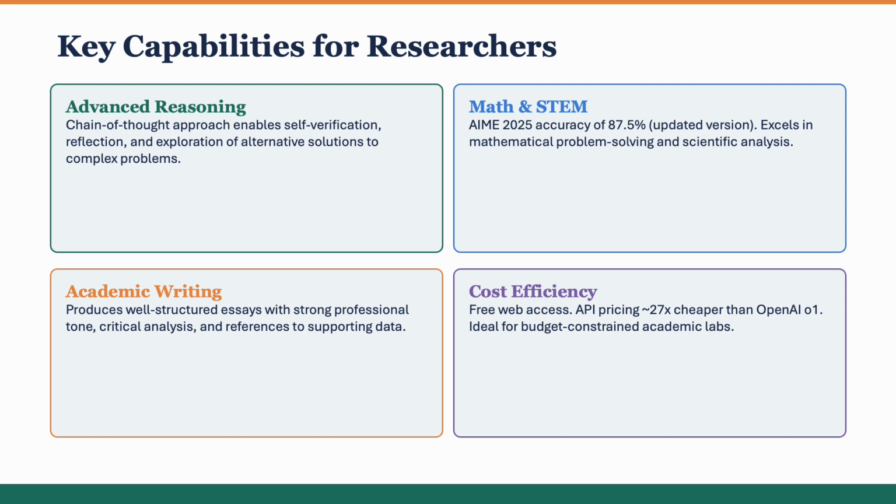Fourth, cost effectiveness. According to reporting by VentureBeat from January 2025, DeepSeek R1's application programming interface costs roughly 27 times less per token than OpenAI's O1, making advanced reasoning accessible to researchers with limited budgets.